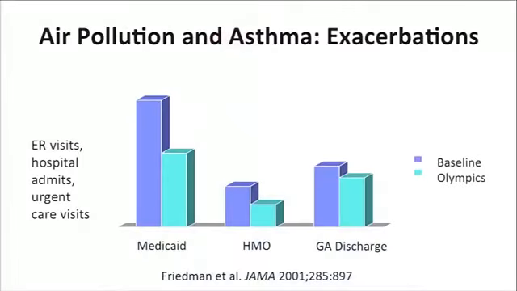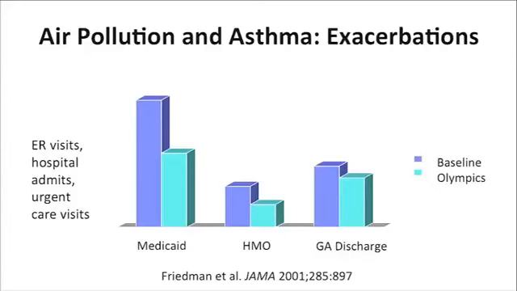So on this slide, we're showing on the y-axis healthcare utilization, visits to emergency rooms, hospitalizations, et cetera. And the dark blue-purple bars are the pre-Olympics levels of utilization in a Medicaid database, an HMO database, and the Georgia Hospital Discharge database.